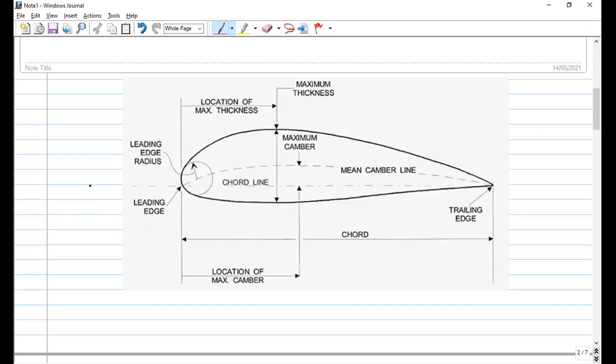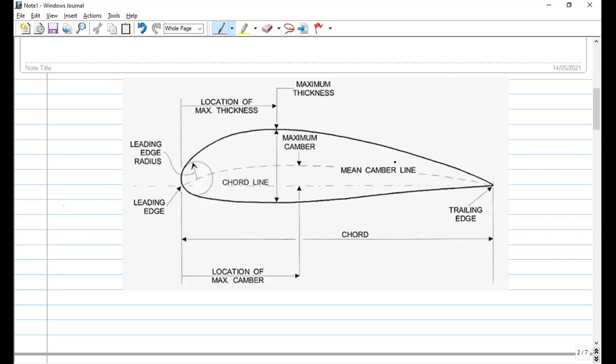Kapag sinubject natin siya into an airflow, yung unang tatamaan ng hangin is the leading edge nung pakpak. So this is your leading edge.